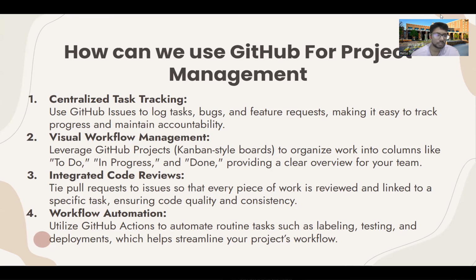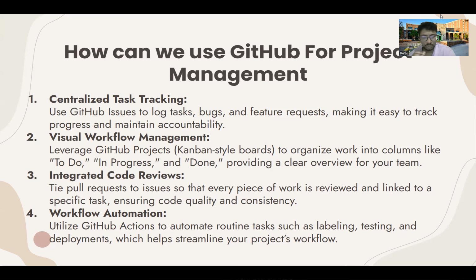And the next option we have is workflow automation using GitHub Actions. GitHub Actions helps you automatically deploy code and run tests. There's something called CI/CD, which again you will be learning later in classes.